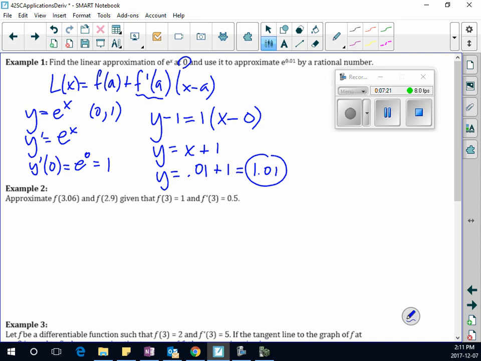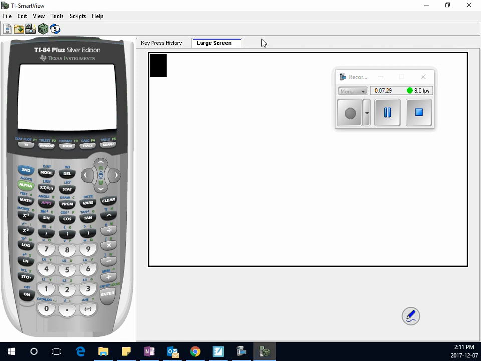But just for fun, on our calculator, let's find what e to the power 0.01 is. Because I know that's fun, right? Oop, sorry, I'll try again. e to the power 0.01.